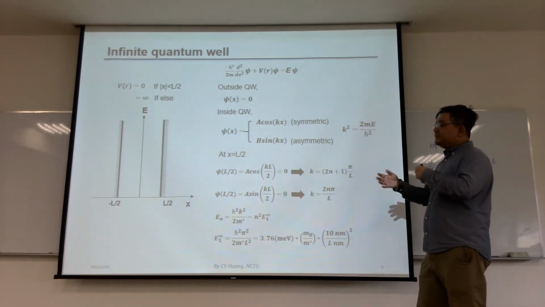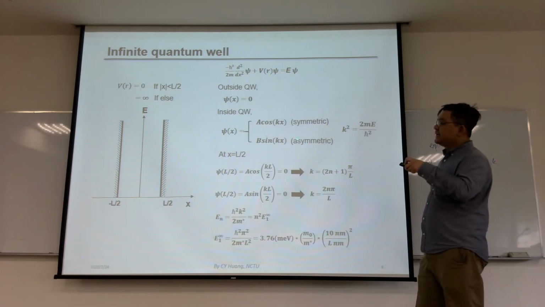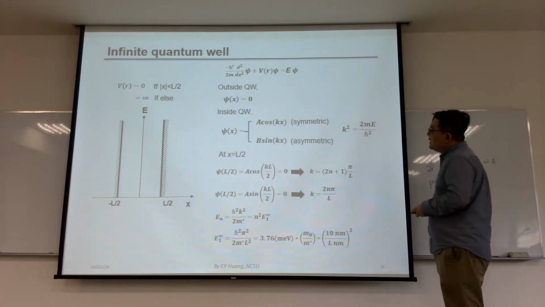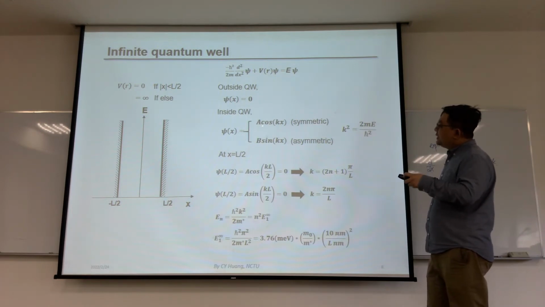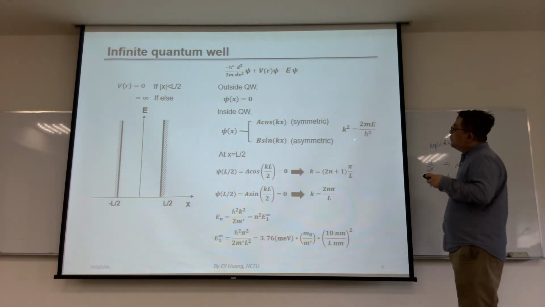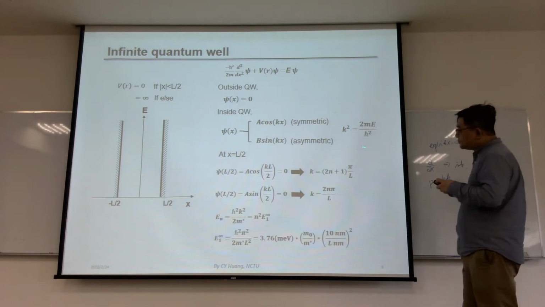Because we need to go faster, we just tell you it's either a cosine kx or b sine kx. Then if you put it down, you will see the relation between k and E: k squared is equal to 2mE over h bar squared.